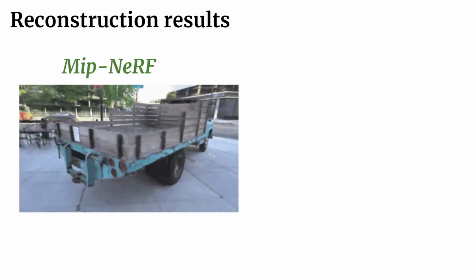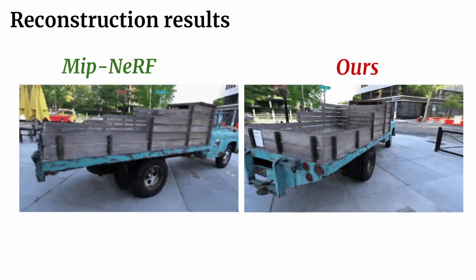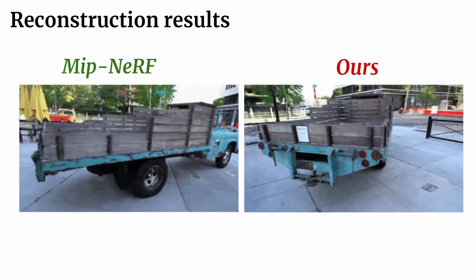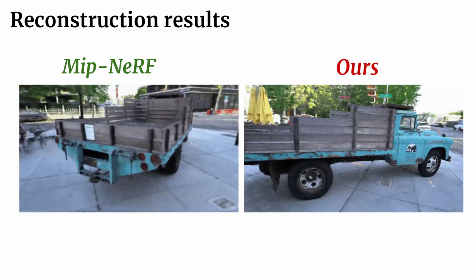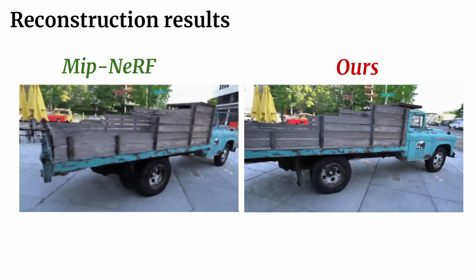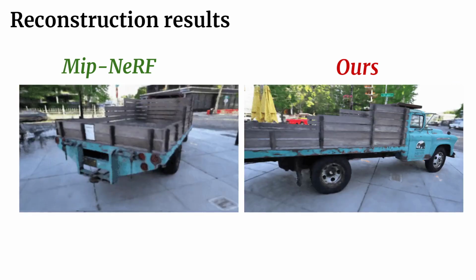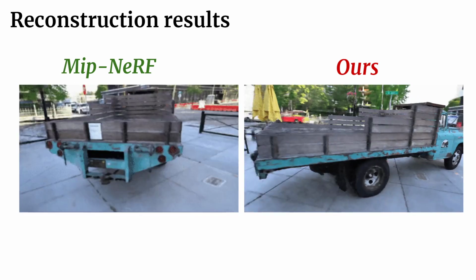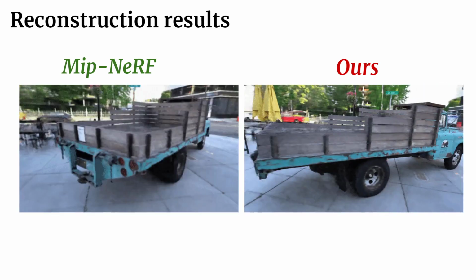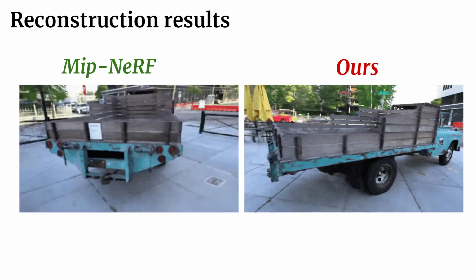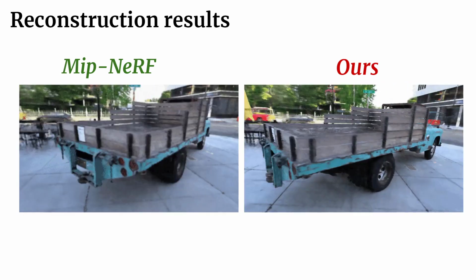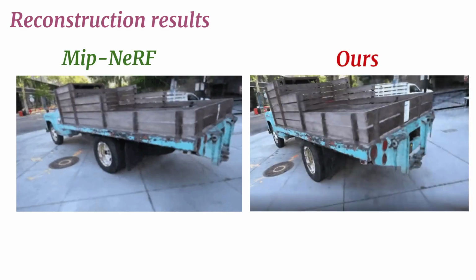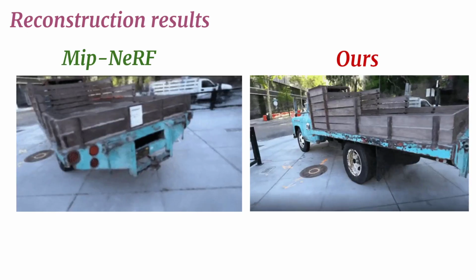Now we observe the reconstruction results, where we can see that there is a slight difference in the reconstructed renderings of our approach and MIPNERF, where our approach is a little better than MIPNERF, and the difference is not very high because a lot of images are available for this scene, and therefore there would be a dense set of keypoint correspondences, and so this will result in less noise in pose estimation. But still, under this dataset, our approach gives somewhat better renderings than MIPNERF.